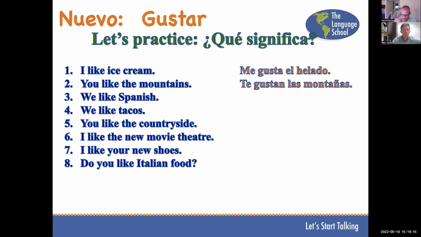Okay. We like Spanish. Nos gusta el español. We like tacos. Nos gustan los tacos. You like the countryside. Te gusta el campo.